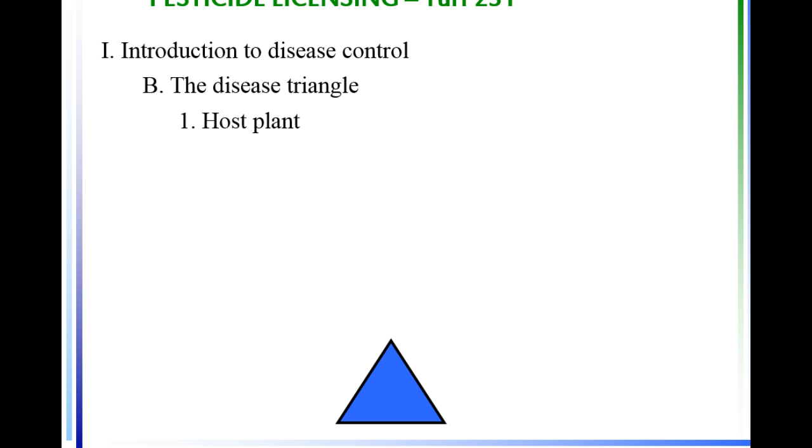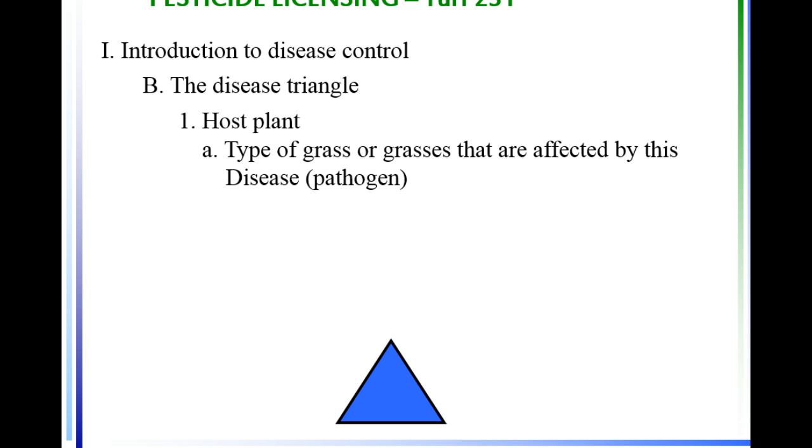Okay, but the main thing you want to do is look at the disease triangle. And that's going to tell you that you're going to have three things present for a disease to actually develop. And you're going to need a host plant. So if I was looking at something like turf grasses that I work with, I'm going to have a grass. If you're growing wheat, barley, soybeans, corn, whatever, you need a type of plant that's affected by that particular disease or pathogen.